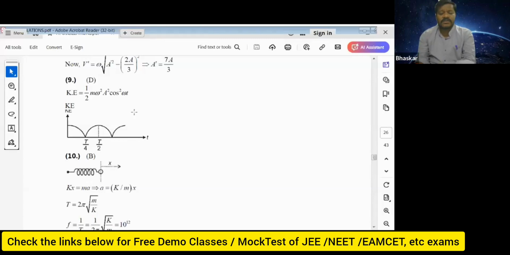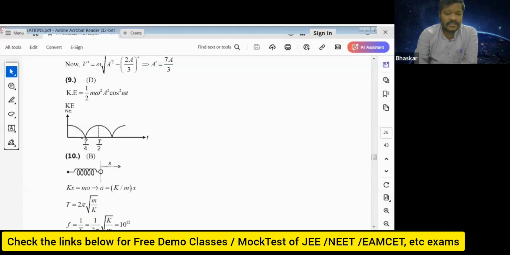In that case, the velocity is zero at the end point, then the velocity becomes maxima when you are coming towards the center. Velocity becomes maxima means kinetic energy is maximum.